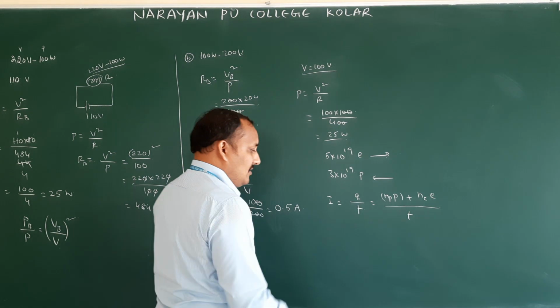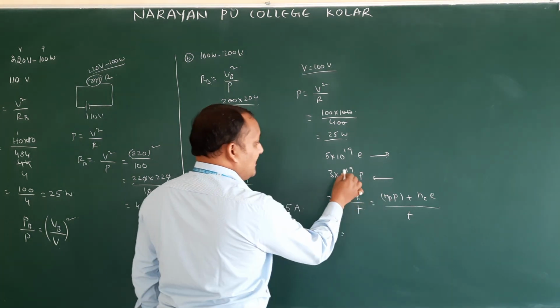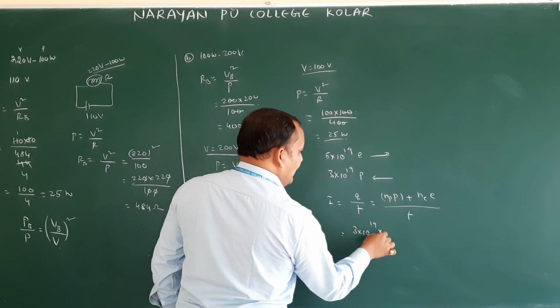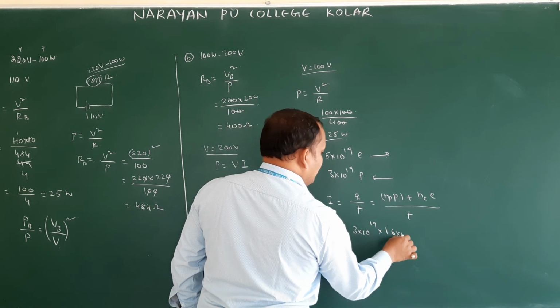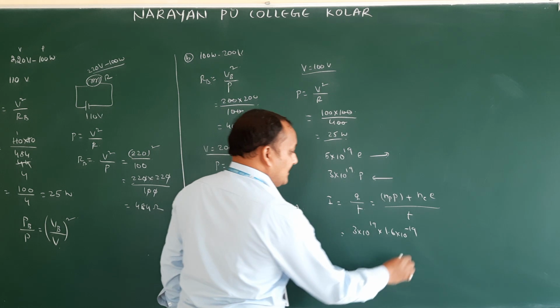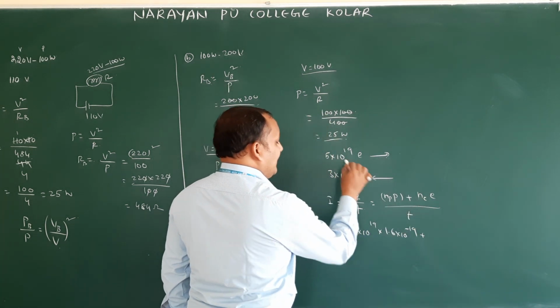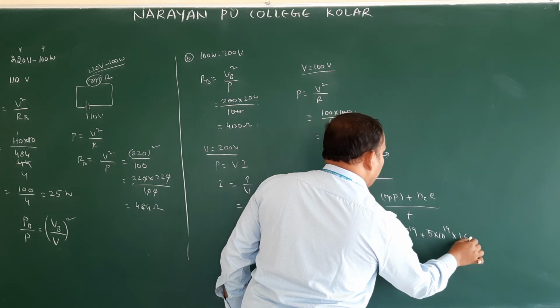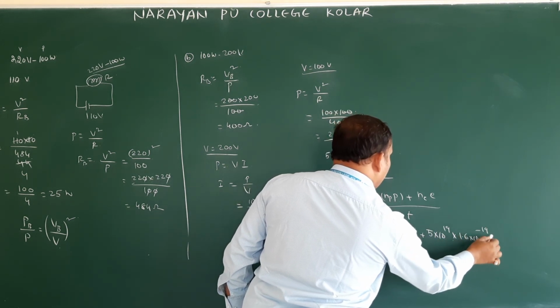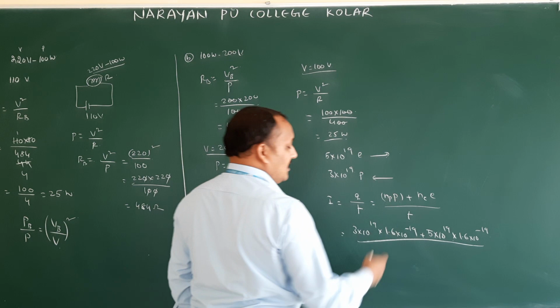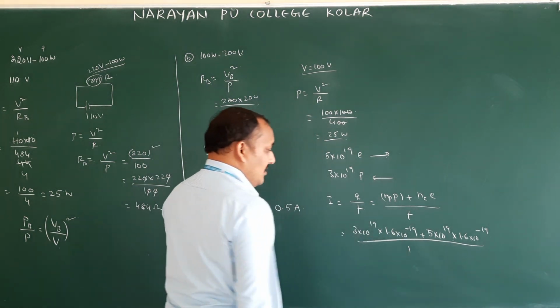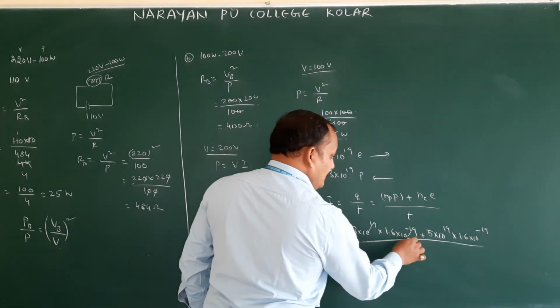So t value is 1. Np value is 3 into 10 power 19, charge of proton 1.6 into 10 power minus 19, plus number of electrons 5 into 10 power 19, 1.6 into 10 power minus 19. The charge of electron and charge of proton are the same in magnitude. Divided by 1, so these two will be cancelled.